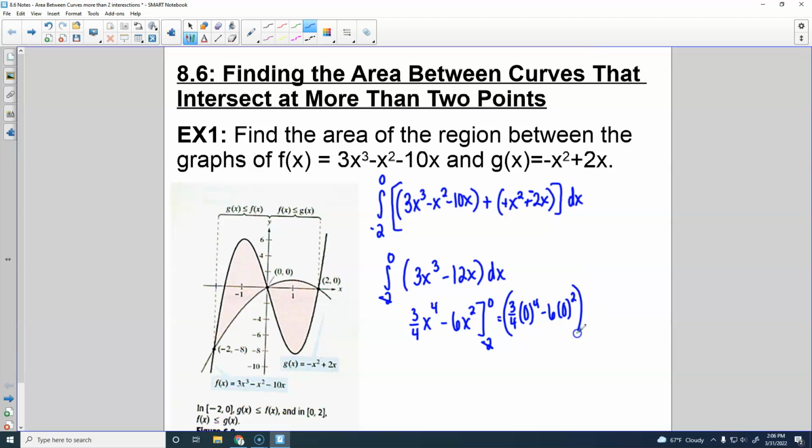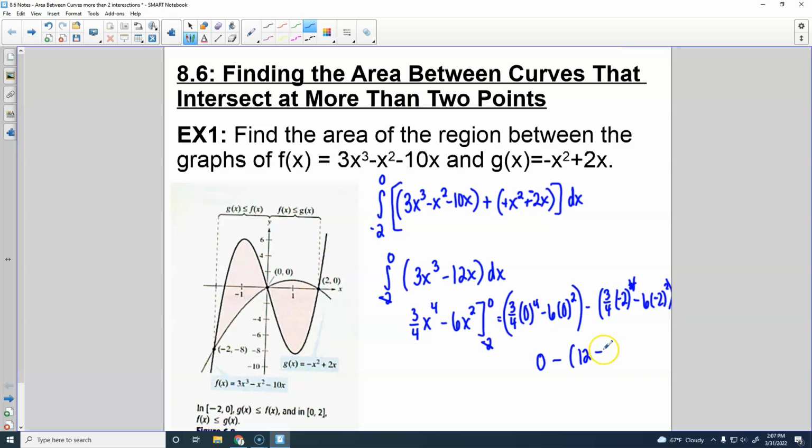All of that's just going to equal 0. And then we'll have 3/4 times -2 to the 4th minus 6 times -2 squared. So that'll be 16. 3/4 of 16 is 12.